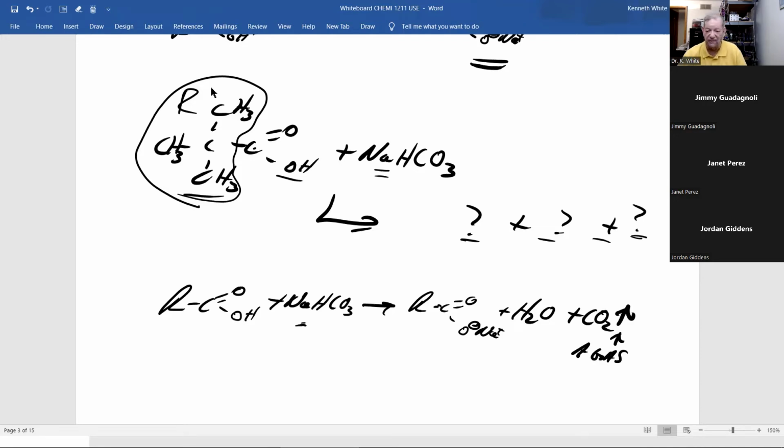What's our t-butyl? Got my carboxylate anion. There's 4 bonds to carbon. I do that, and then I'll get water plus, and the third thing, carbon dioxide given off as a gas.